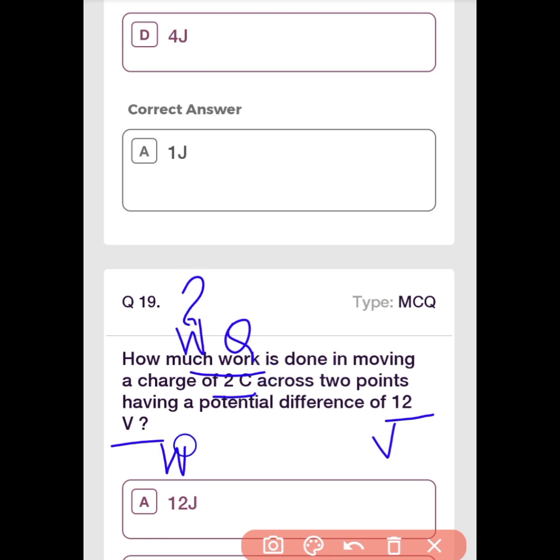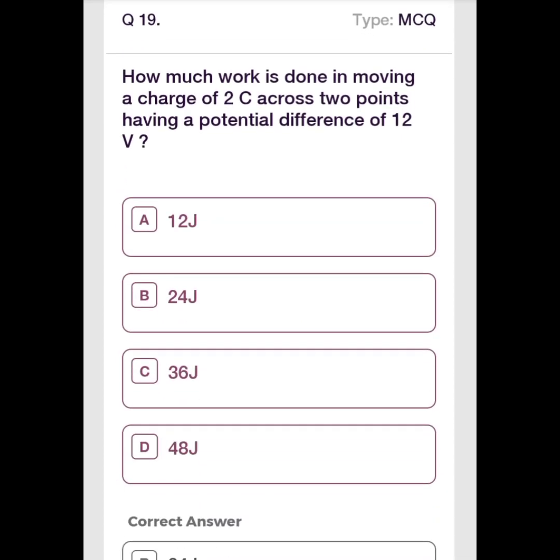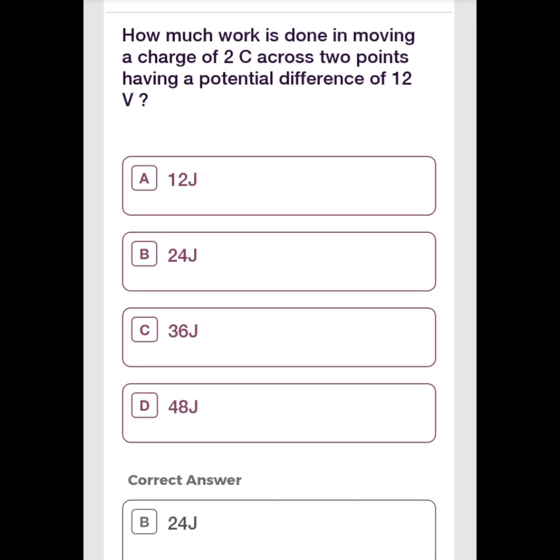We know the formula, W is equal to V into Q. So 12 into 2, which is 24 joule. Let us see the options. Option A 12 joule, B 24 joule, C 36 joule, D 48 joule. So the correct answer is option B, that is 24 joule.